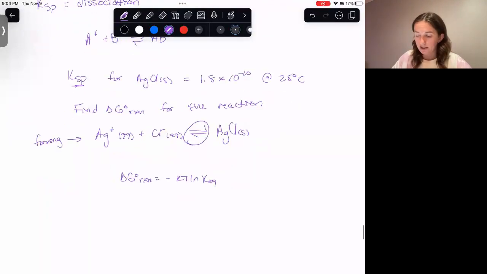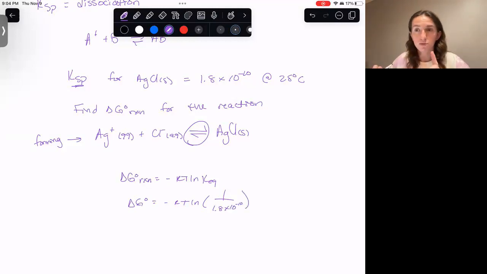So we need to take the inverse, or 1 over 1.8 times 10 to the negative 10, in our equation, because we're looking for the formation of silver chloride, not the dissociation of silver chloride.